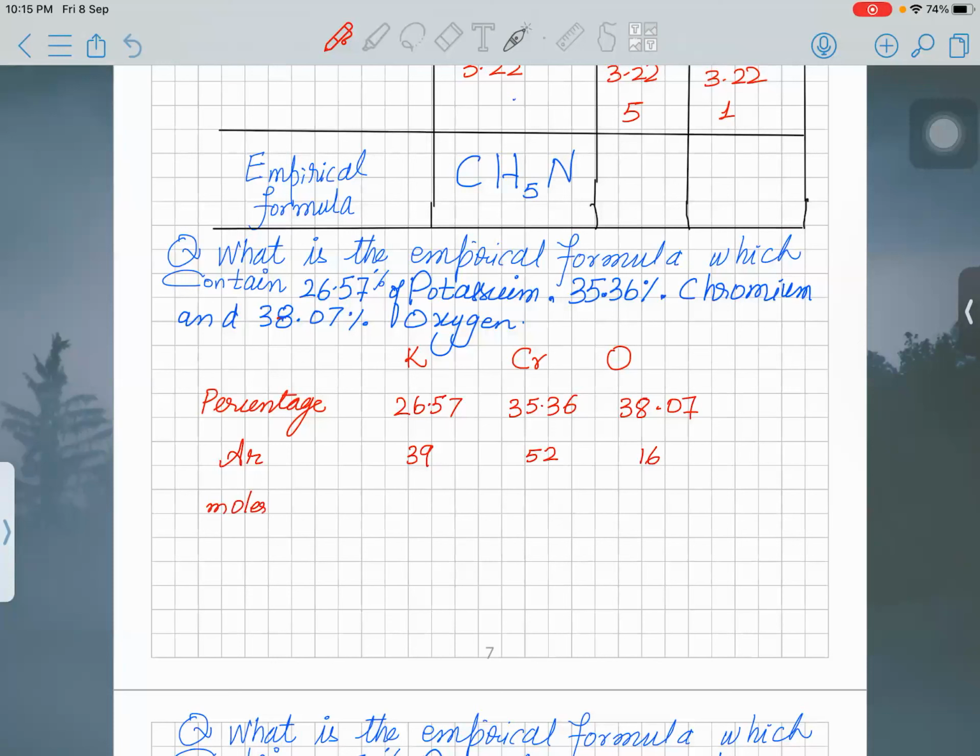Then moles: 26.57 divided by 39 is equal to 0.68.